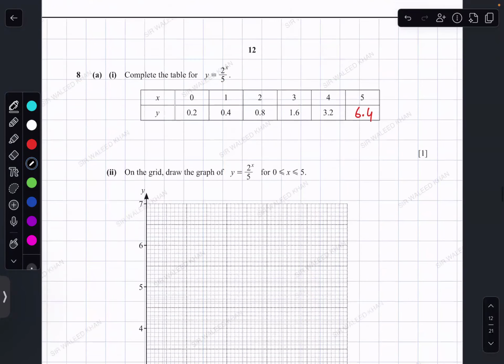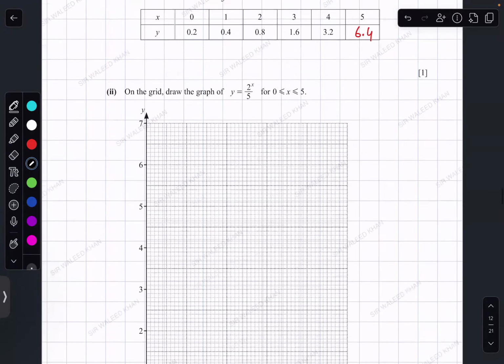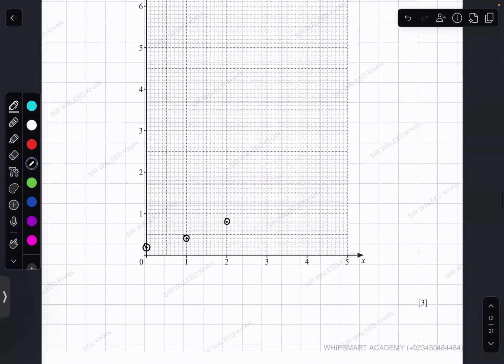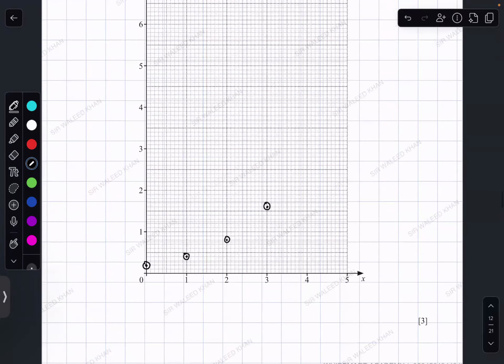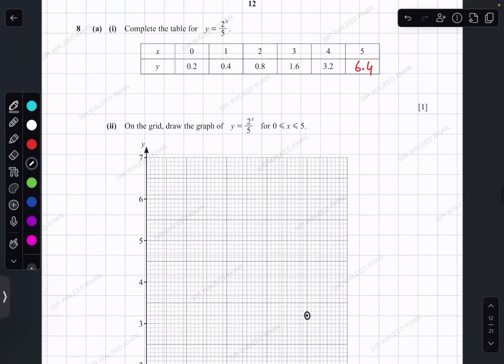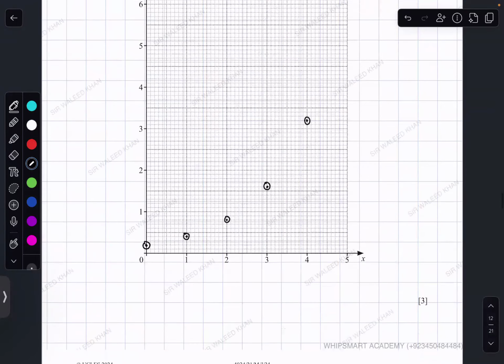It's an exponential graph, so you should know what the shape looks like. 3, 1.6. 4, 3.2. Okay. 5 and 6.4.